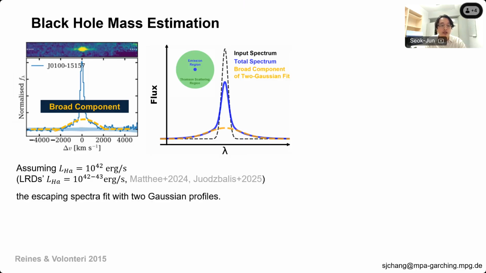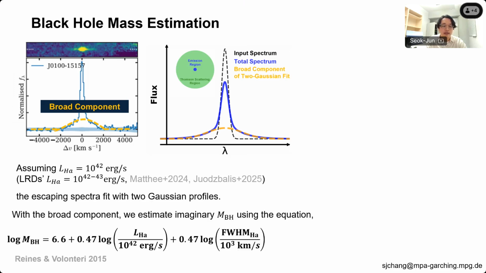Assuming an H alpha luminosity of 10 to the 42 erg per second, which is typical for LRDs, and using the black hole mass relation with the H alpha FWHM and luminosity, I measure a kind of imaginary black hole mass. There's no black hole, but we can measure a black hole mass because we have an equation and the broad component of the spectrum.